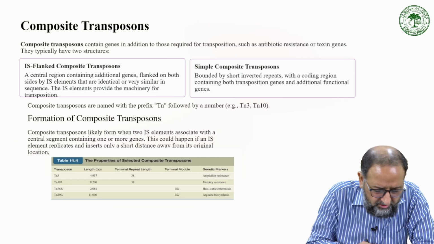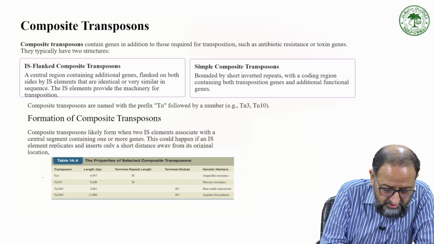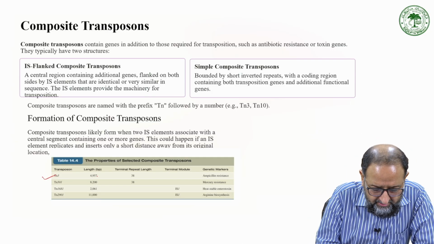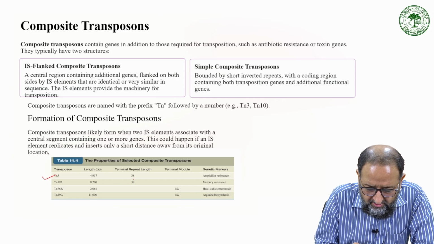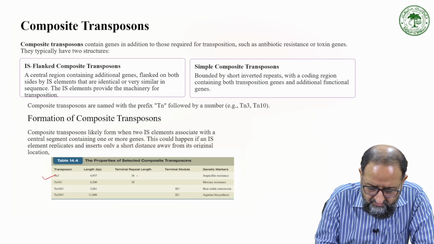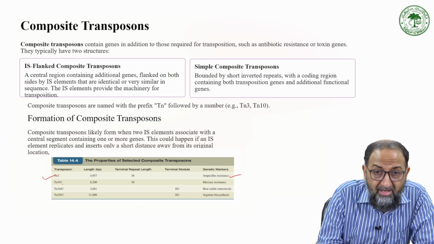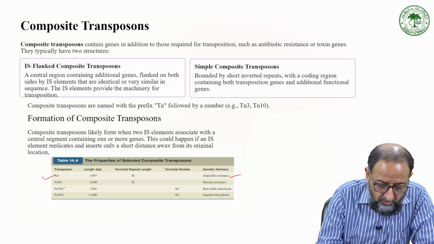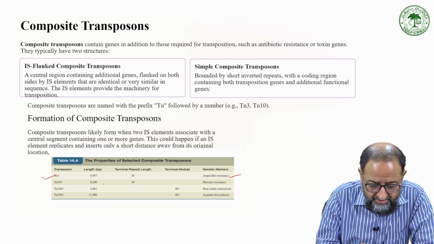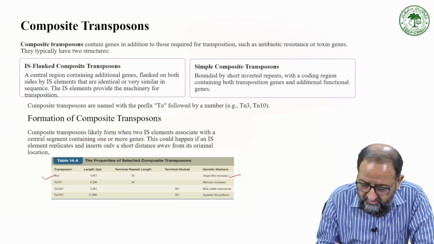If you look at an example, this is Tn3. This is the length of Tn3, almost 5 kb. Then we have a terminal repeat of 38 base pairs, and the genetic marker is the ampicillin resistance marker. Now Tn501 is almost 8 kb, and again we have mercury resistance.